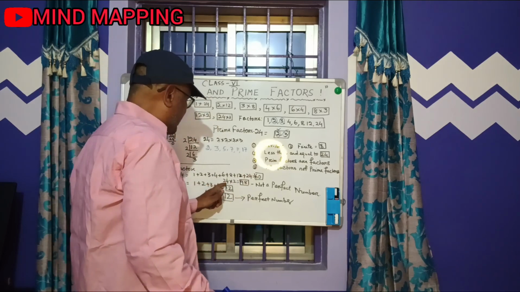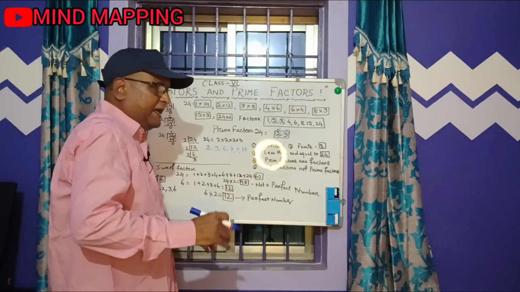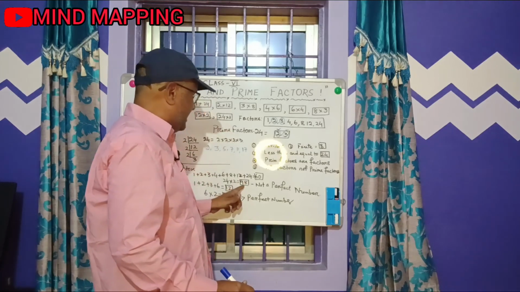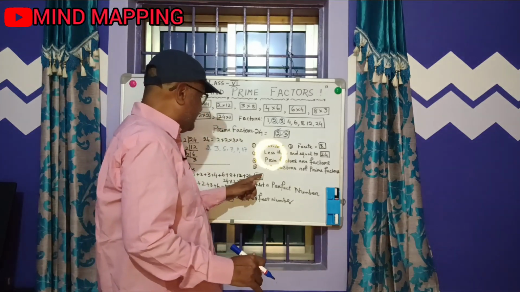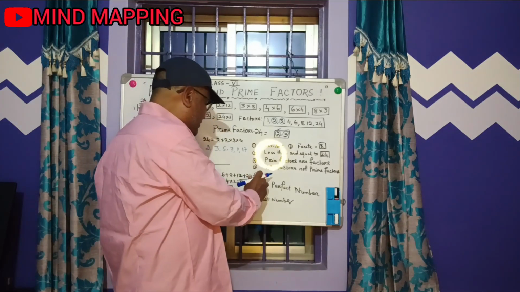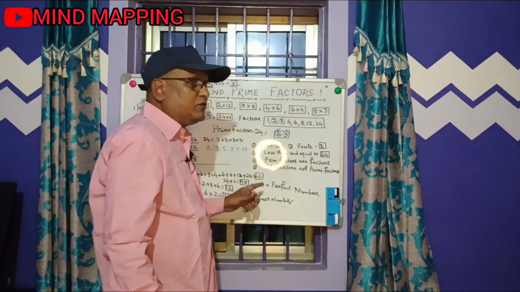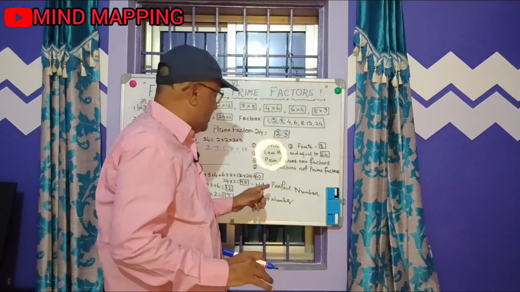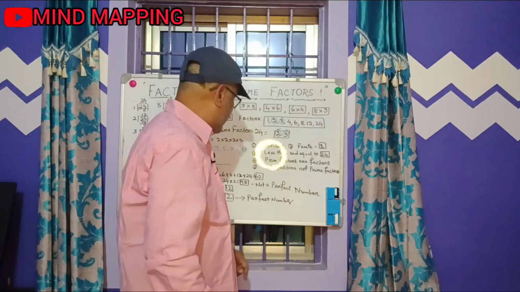Now the number is 24. You multiply by 2 and make it twice, so it is 48. If the sum should be equal to this, then it would have been a perfect number. But here it is not a perfect number.